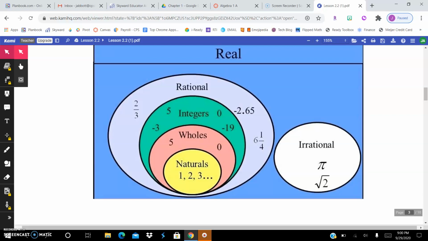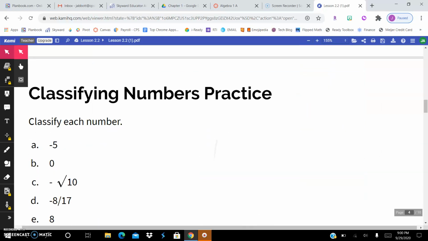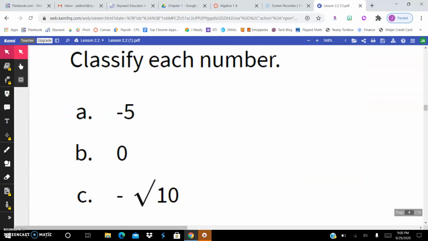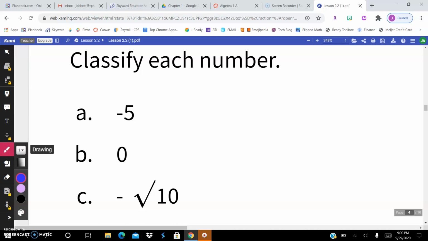The integer circle is also inside of the rational circle, and the rational circle is inside of the real whole rectangle there. So -5 is actually an integer, a rational number, and a real number. So when you classify, you're going to have to write all of them. So integer, rational, and real.